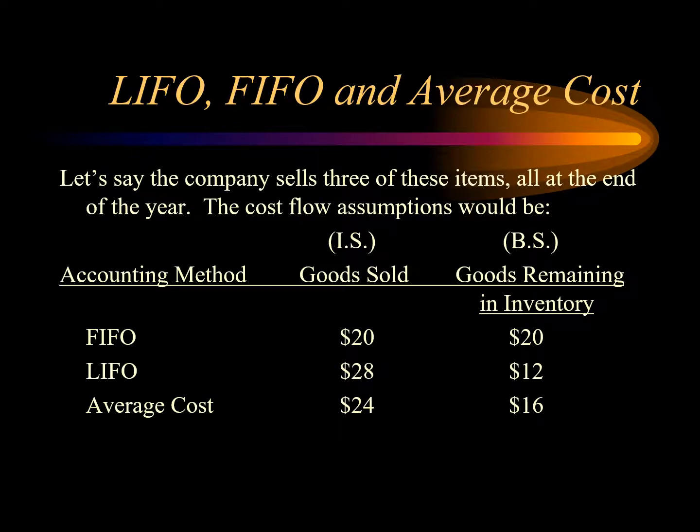Under LIFO, notice that your cost of goods sold is higher on your income statement because it's assumed you sold items 3, 4, and 5, which are more expensive, and it's $28, leaving $12 left in inventory. And as I told you, average cost always turns out to be the middle of LIFO and FIFO. Some companies do use average cost, but like I said, most don't.